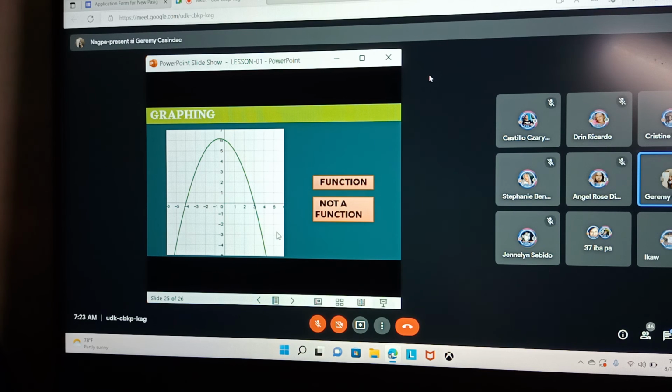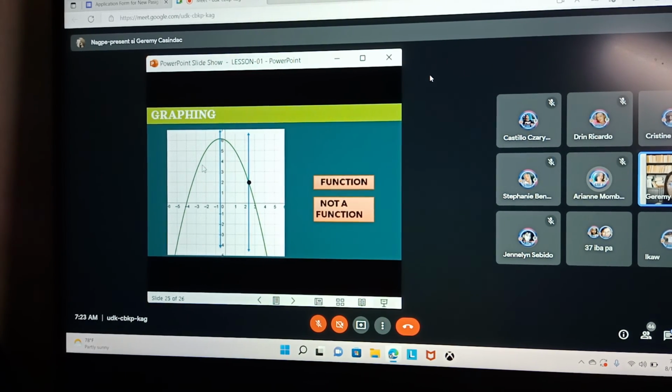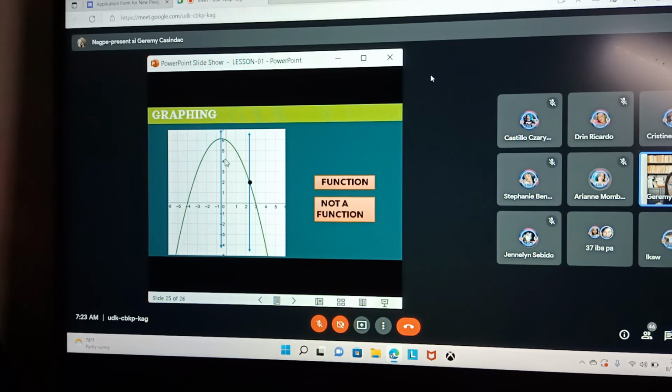Okay. So again, you are going to draw an imaginary vertical line. In the vertical line we made, how many times did it touch our graph? Just once, po. That point. Next one. How about the second vertical line? How many times did it touch our graph? Just once. That is the point it passed through.